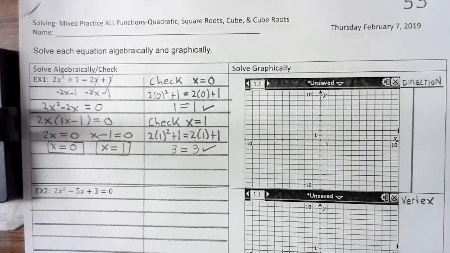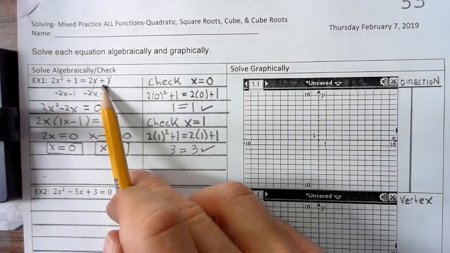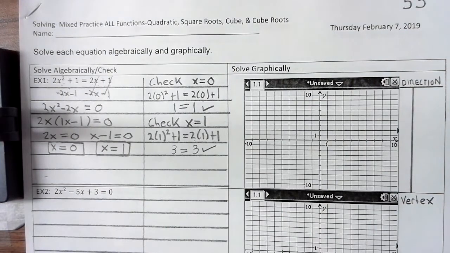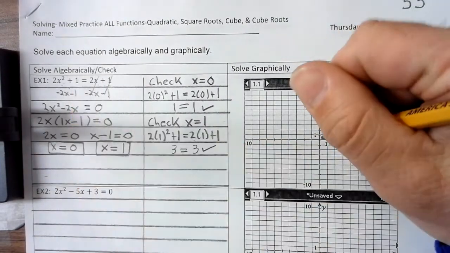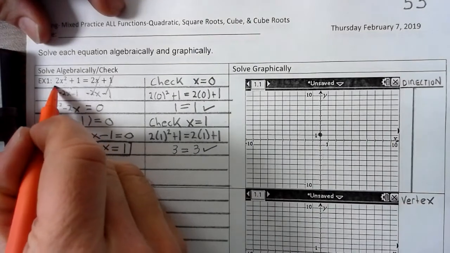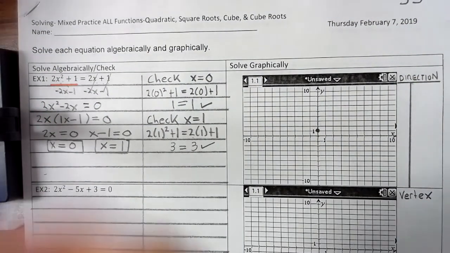Okay, so we need to graph the left side and the right side and find the intersection. So to graph the left side, we know we move the vertex up 1, and just so we understand what's what, I'm going to graph the left side in orange and the right side in blue.